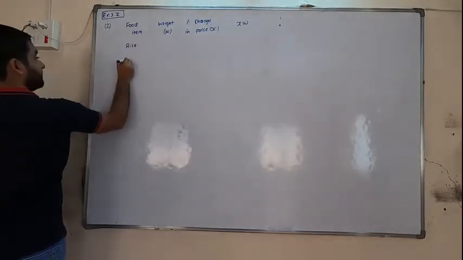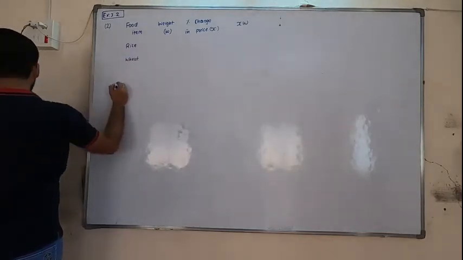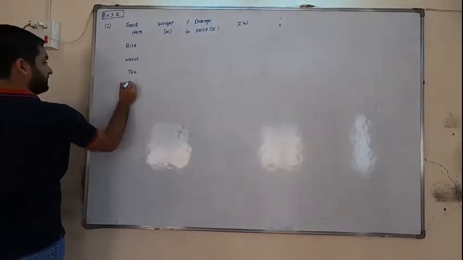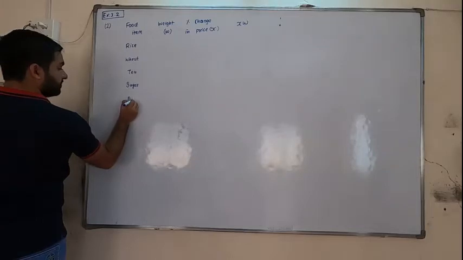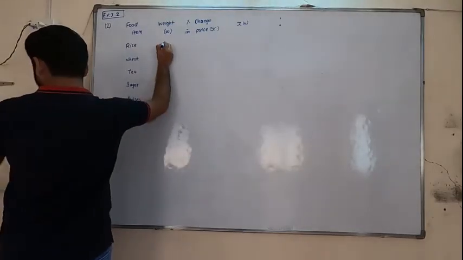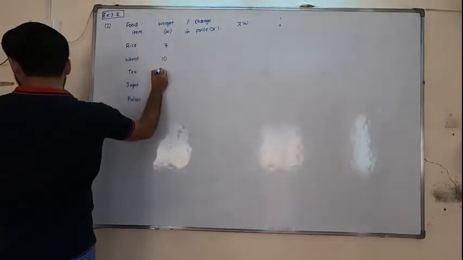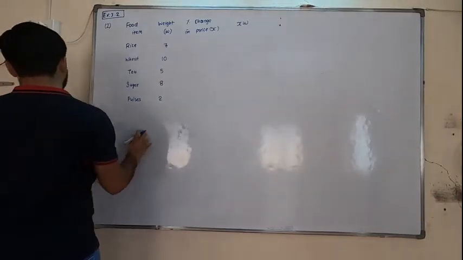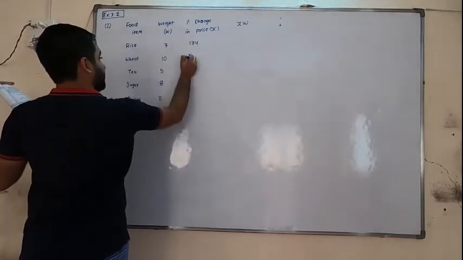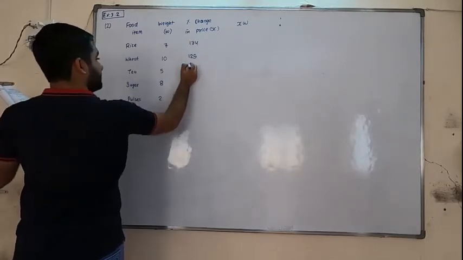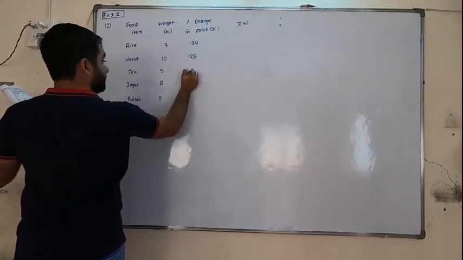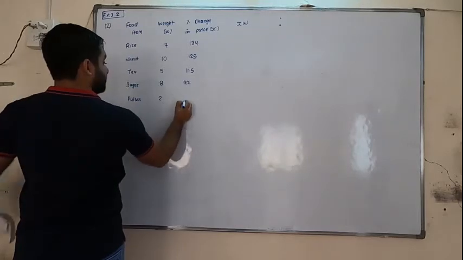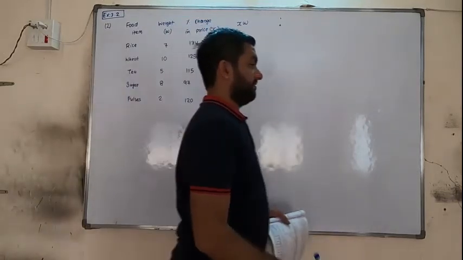Rice, wheat, tea, sugar, pulses. 7, 10, 5, 8, 2. 124, 125, 115, 97, 1.